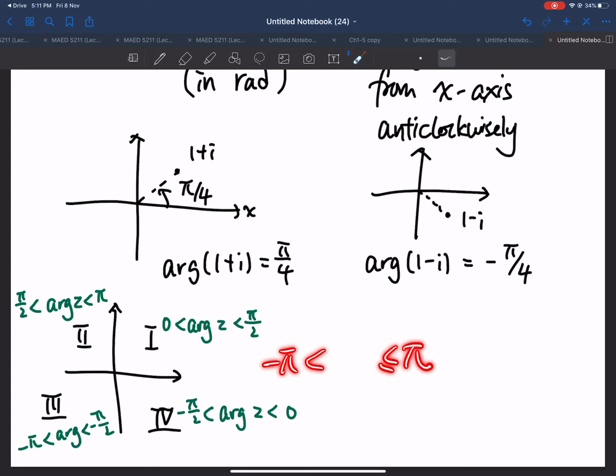So I'll just give you an idea in which region it will be in that range. In your textbook, it's quite confusing, but sectors 1 and 2 use positive, 3 and 4 use negative.